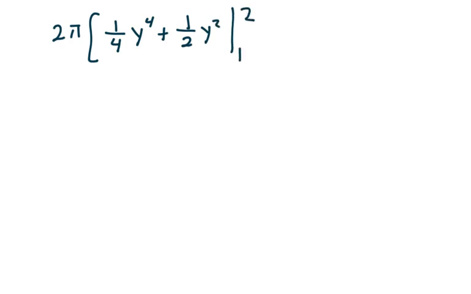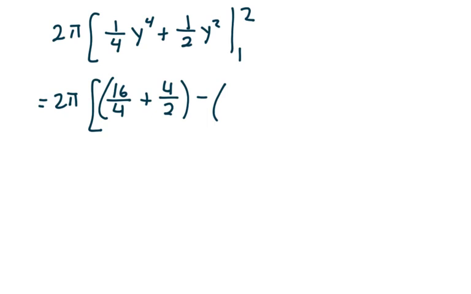So this is 2 pi times the integral from 1 to 2 of y cubed plus y dy. So this is 2 pi times, we're going to get 1/4 y to the 4th plus 1/2 y squared, evaluated from 1 to 2. So this is 2 pi times, I'm going to get 16 over 4. I'm not writing 4 yet, and you'll see why in a second. Plus 4 over 2, right? Replace y with 2.